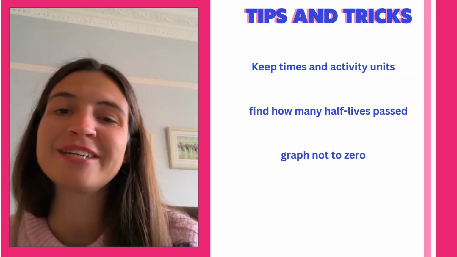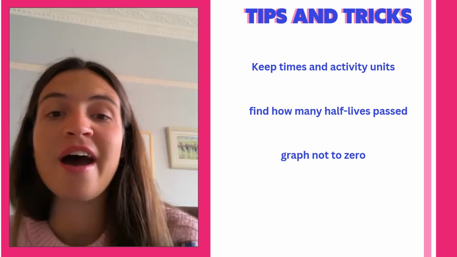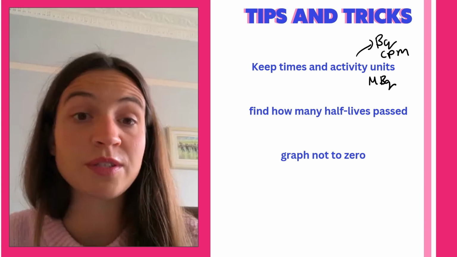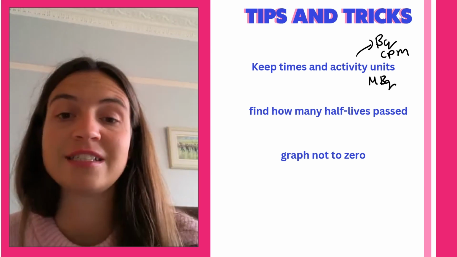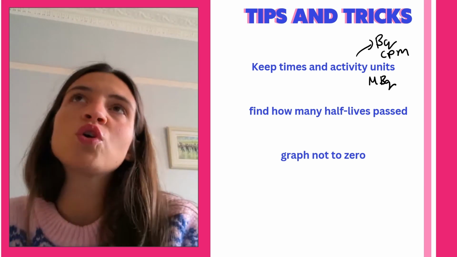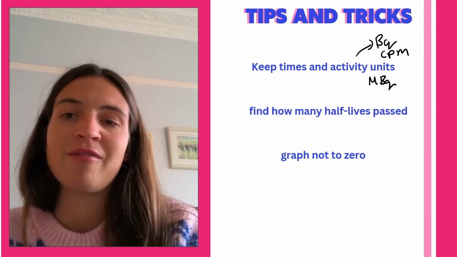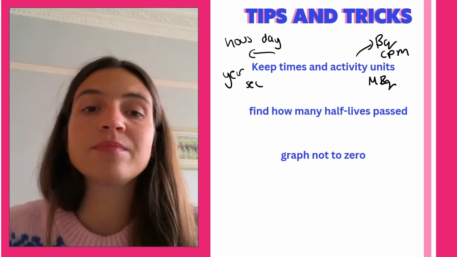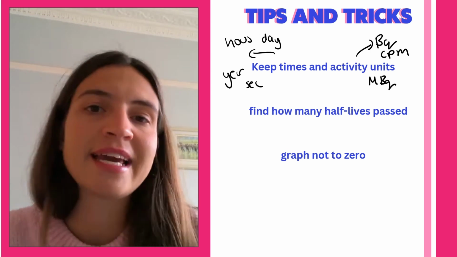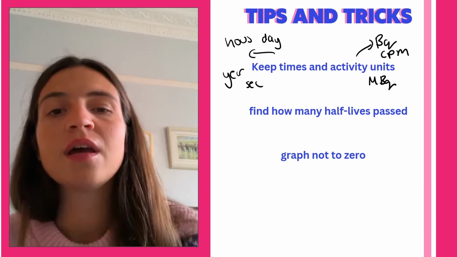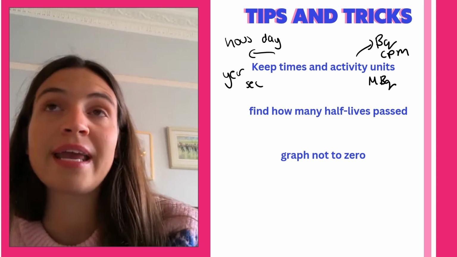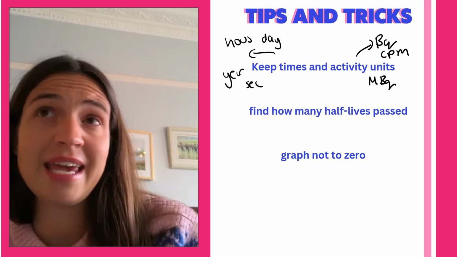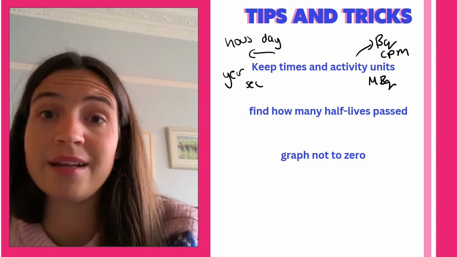Okay, so my little tips and tricks for this section, talking about activity units. So you could get given becquerels. We saw some counts per minute. That's an activity unit as well. Or something like mega becquerels, something with a prefix in front of it. And your times, you could have hours, days, years, seconds, whatever. So the thing is, when you are working out half-lives, you actually keep your time units as they are.